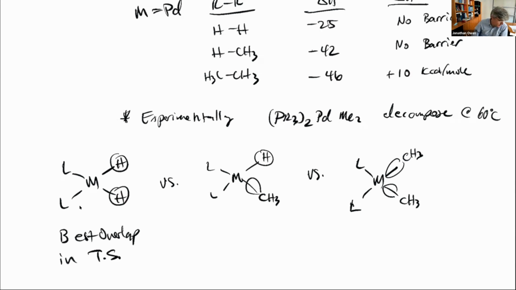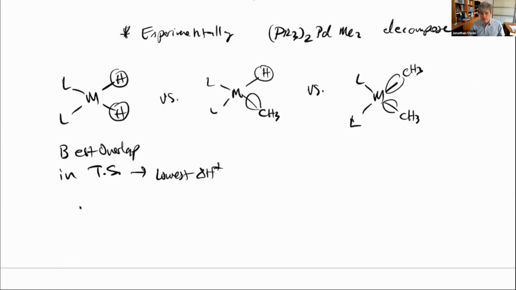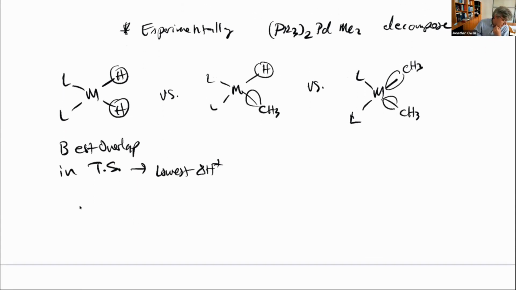Okay, the transition state is the most bonding in the case of the hydride ligands. The CH is less bonding. So there's not a lot of reorganization that has to happen.